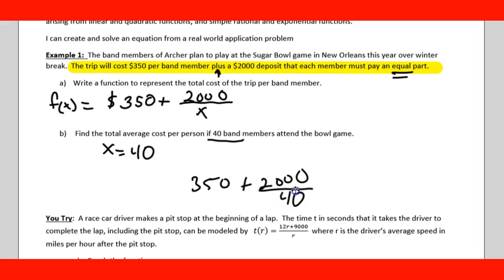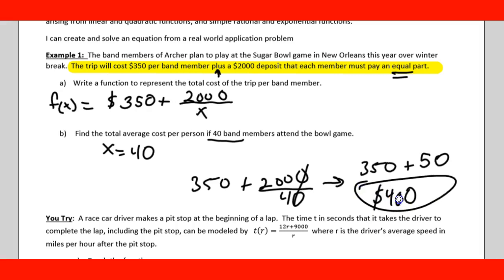We have $350 plus 2,000 divided by 40, which is 200 divided by 4, that's 50. So 2,000 divided by 40 is 50, and 350 plus 50 is $400. So each band member who's going to play in this game has to pay $400.